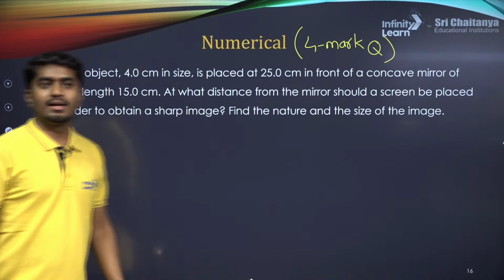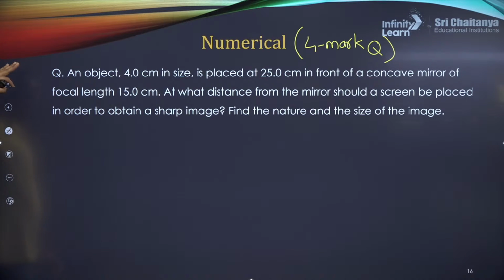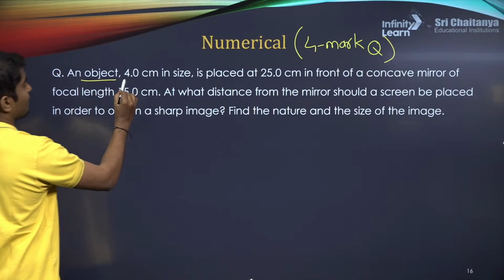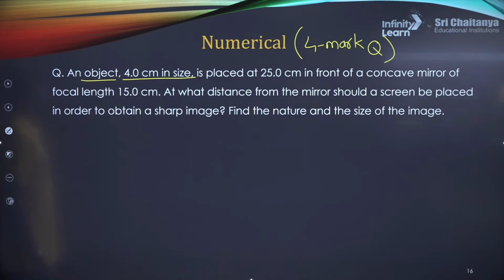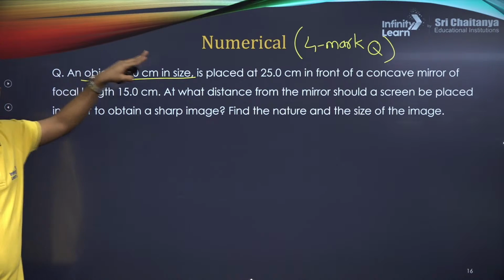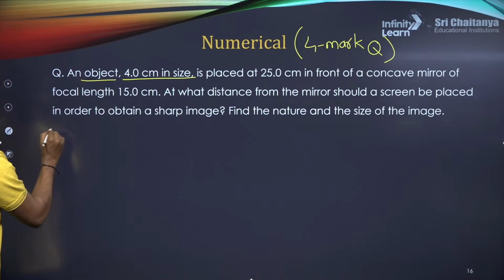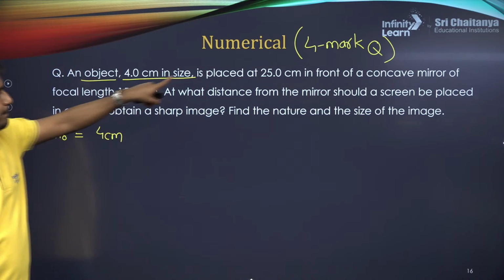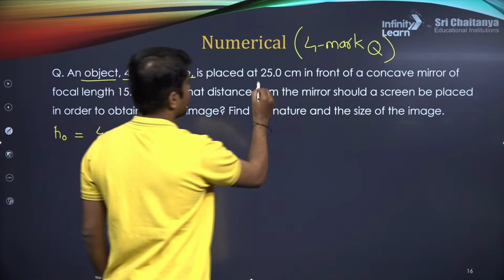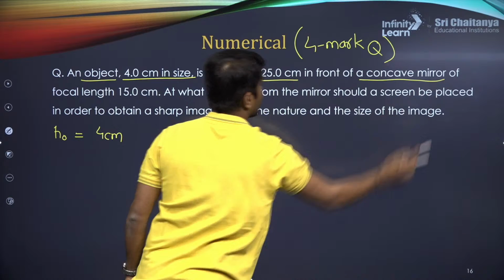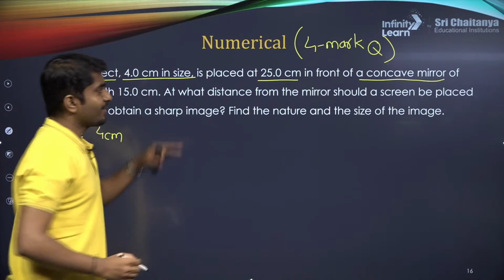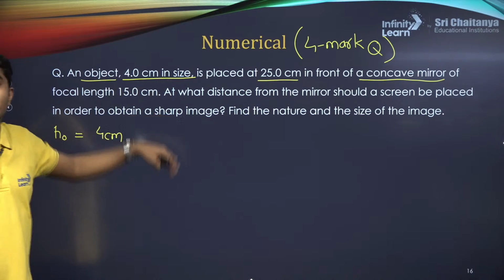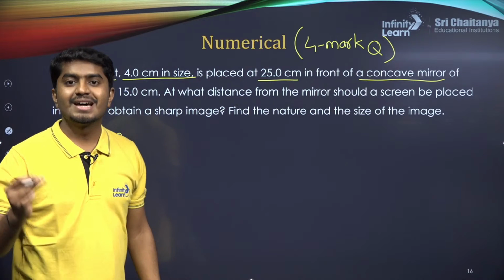Standard numerical from physics. Let's understand what are the different things given here. An object 4 centimeter in size, that means this is given as the height of the object, 4 centimeters. Placed at 25 centimeters in front of a concave mirror. So whenever you get such a numerical question, you should draw a rough ray diagram.